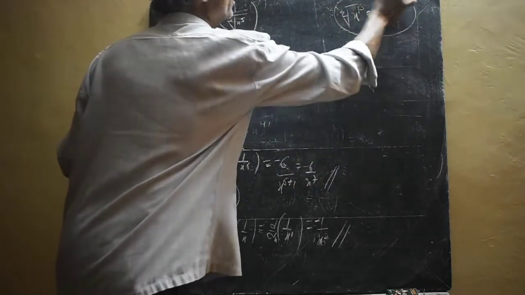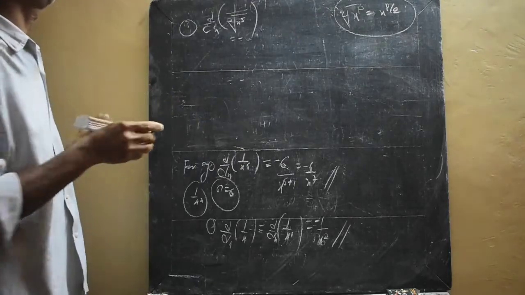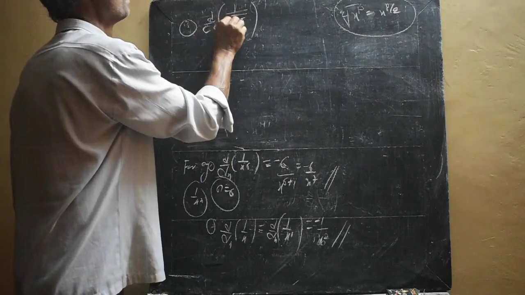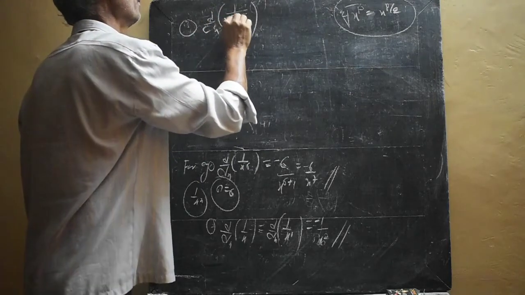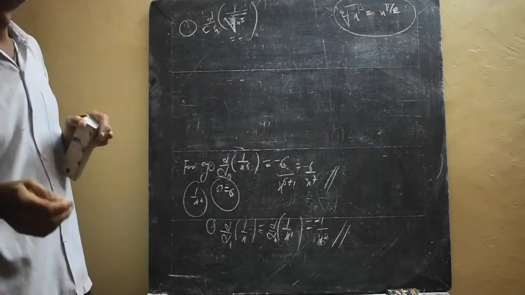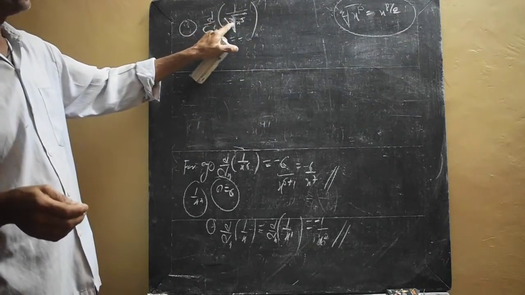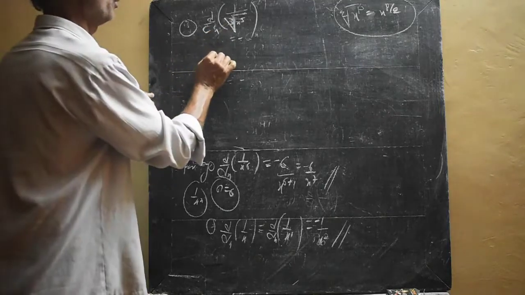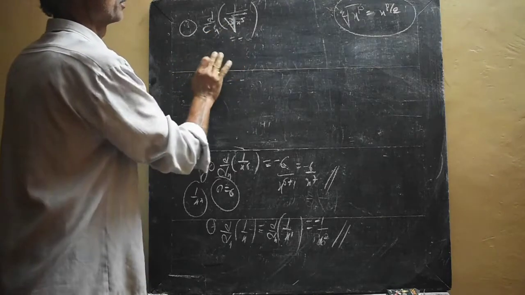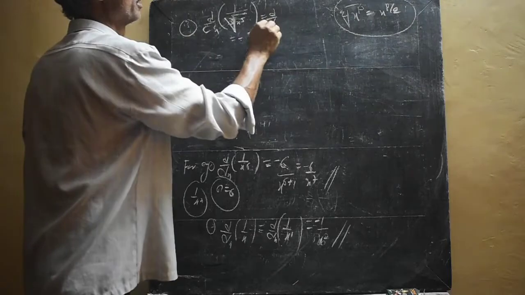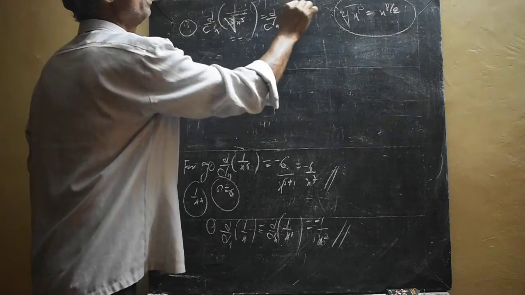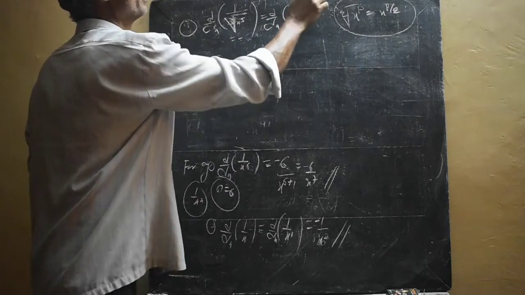It is the basic theory of indices formula. Here it is the cube root of x raised to 5. Here the radical index is 3. It means it is equal to what? d by dx of 1 upon x raised to 5 by 3.